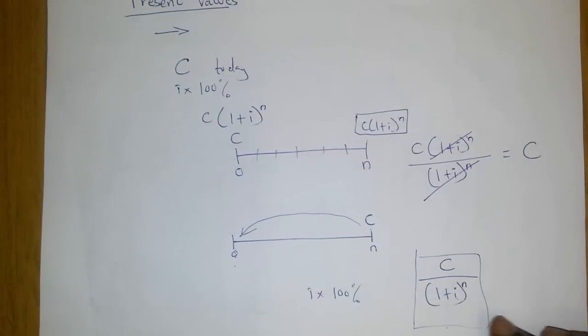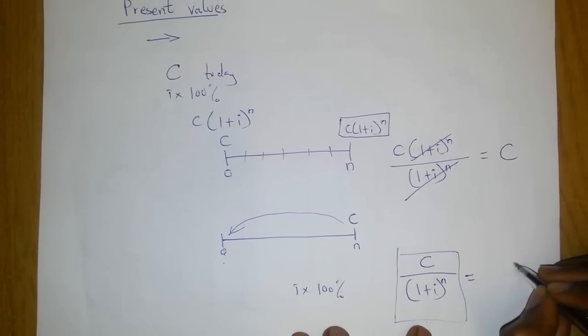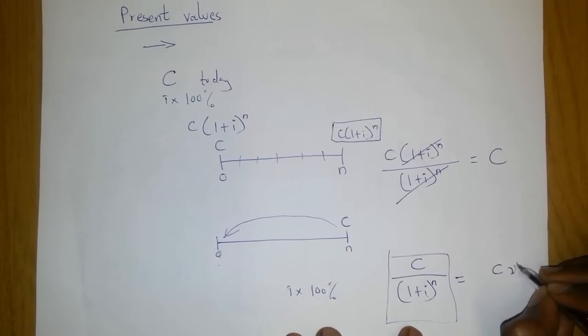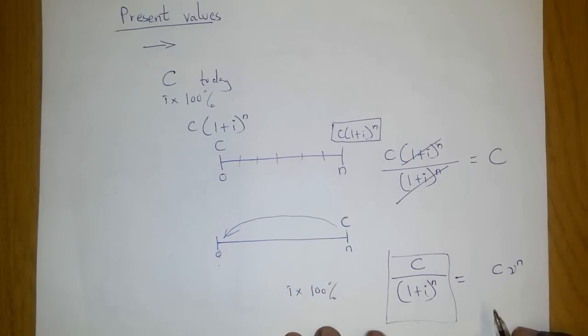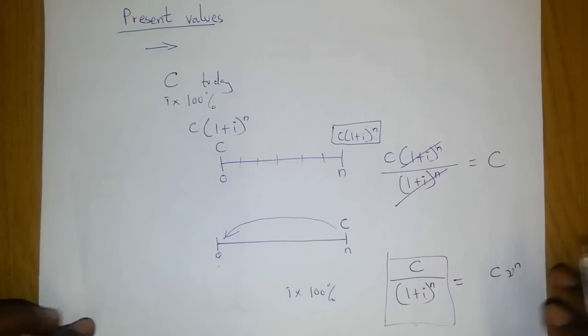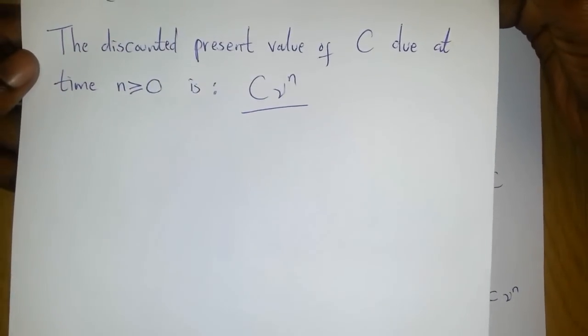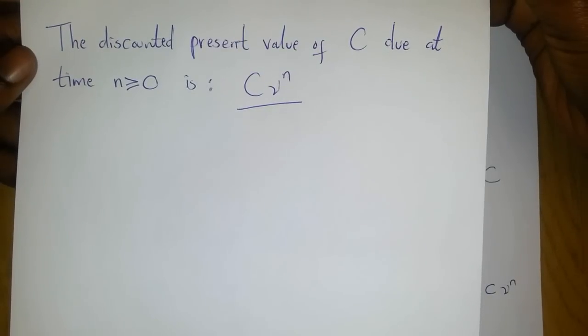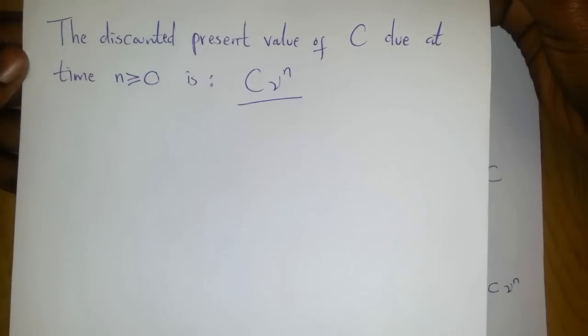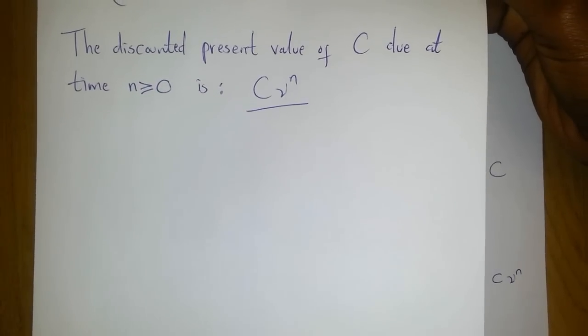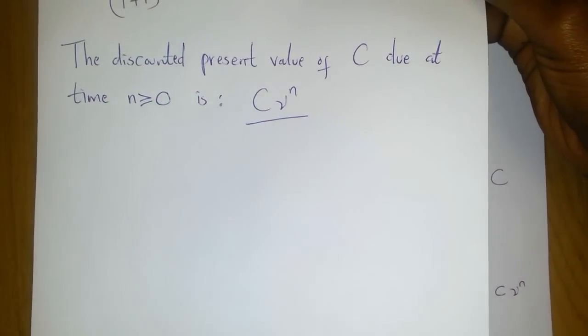So if we look back here, this quantity here is equal to C times nu to the power n. So what I'm saying here is that the discounted present value of C due at time n is given by that.